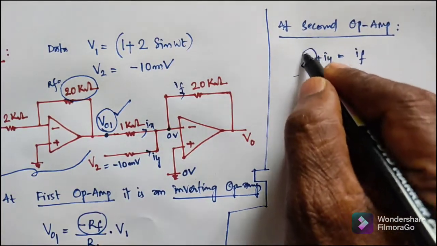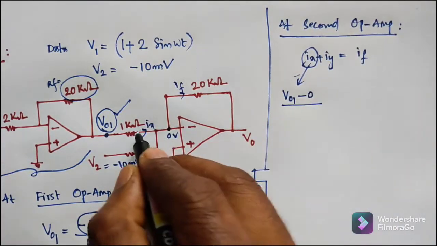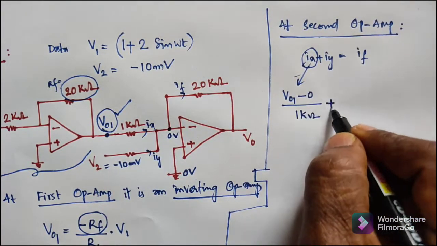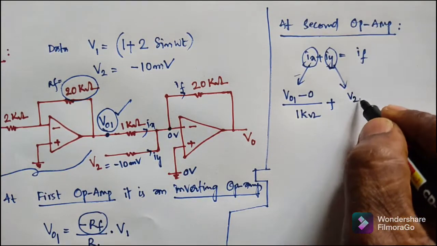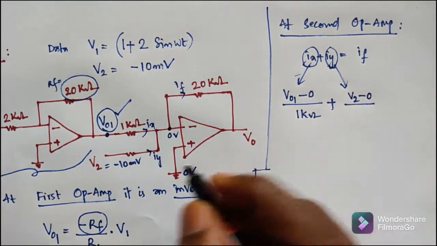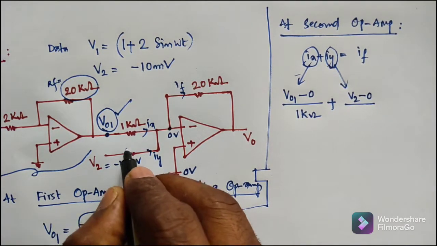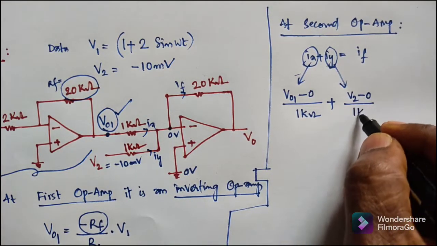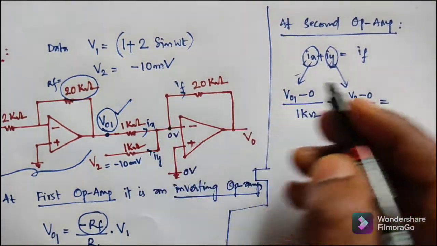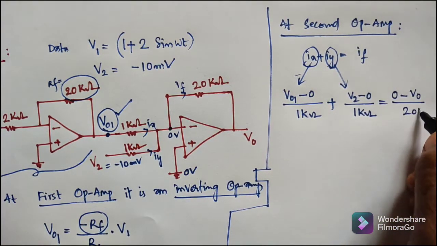Ix is equal to the starting voltage V01 minus 0, by the resistance 1 kilo ohm, plus Iy, which is V2 minus 0 by 1 kilo ohm, equal to If, which is starting voltage 0 and ending voltage V0, by 20 kilo ohms.